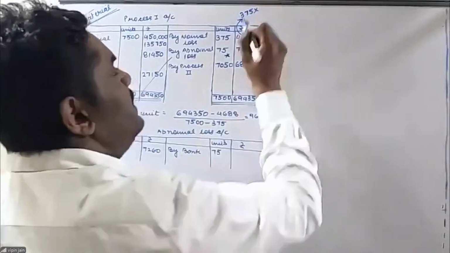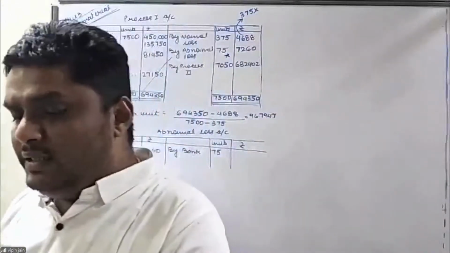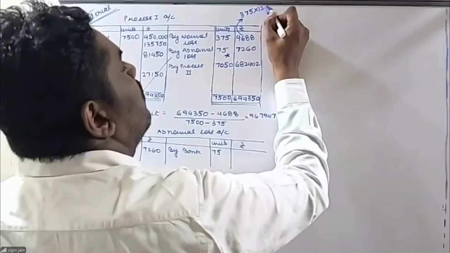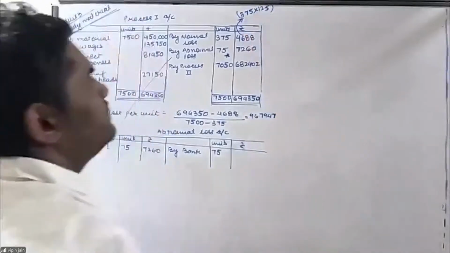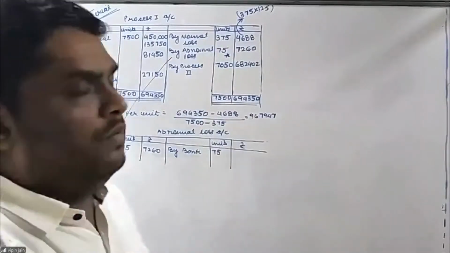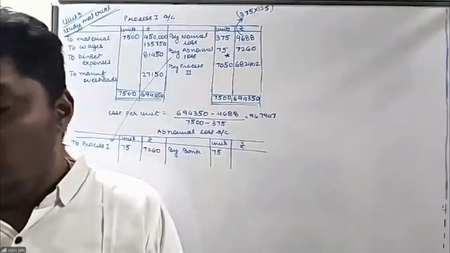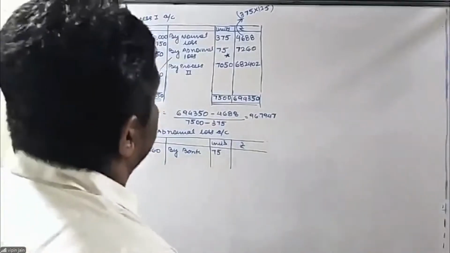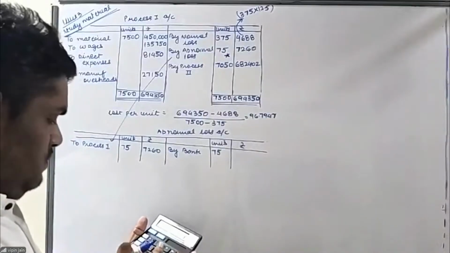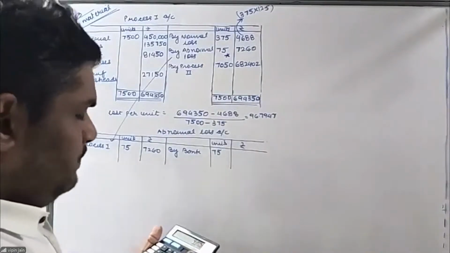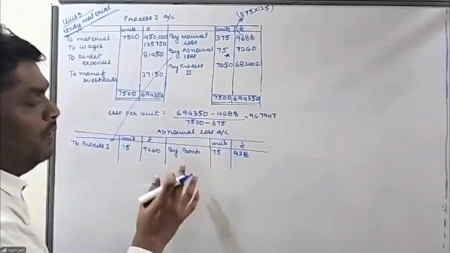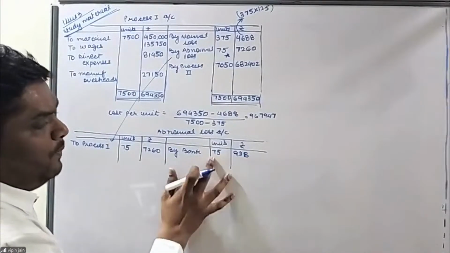375 is my normal loss, and scrap value that is on sale of normal loss is given, that is 12.5. 375 into 12.5. So this is the amount realized on sale of abnormal loss.